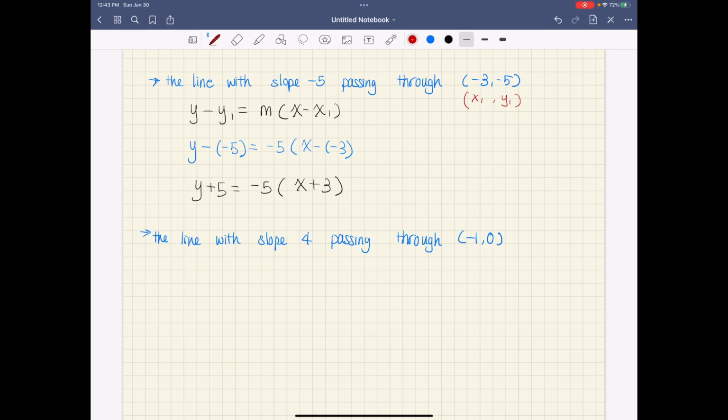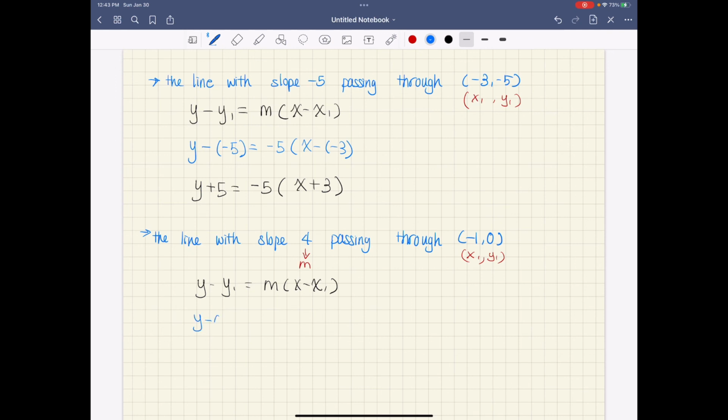Now try one more. The line with slope 4 passing through -1, 0. So this is a slope, and this is a point, x1, y1. If I write the point slope form, y minus y1 is equal to m times x minus x1.